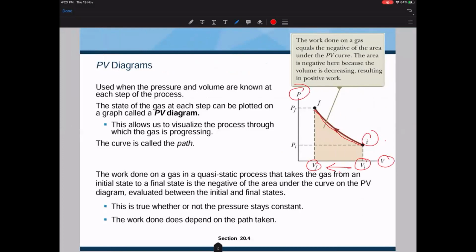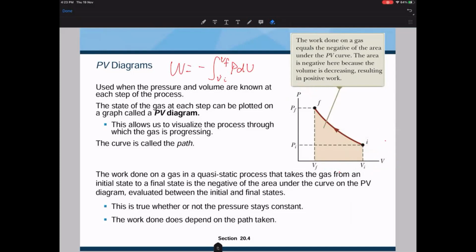Now, this PV diagram is telling you the amount of work done. How does it work? Remember the equation, or I just write it down here. W is equal to minus the integral of P dV from V_I to V_F. The idea is like this.